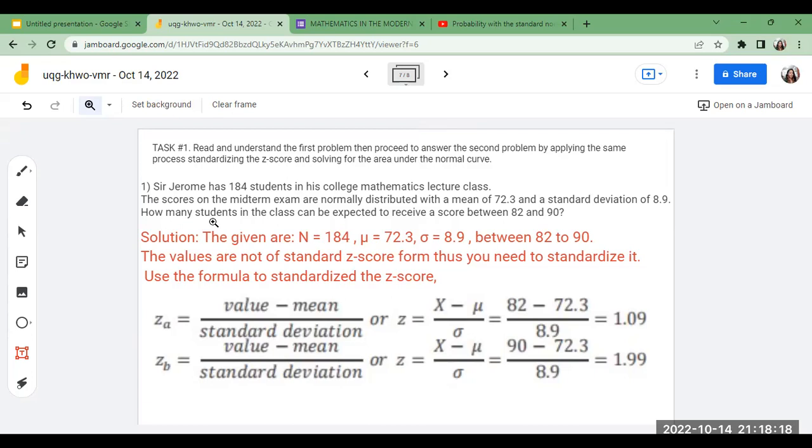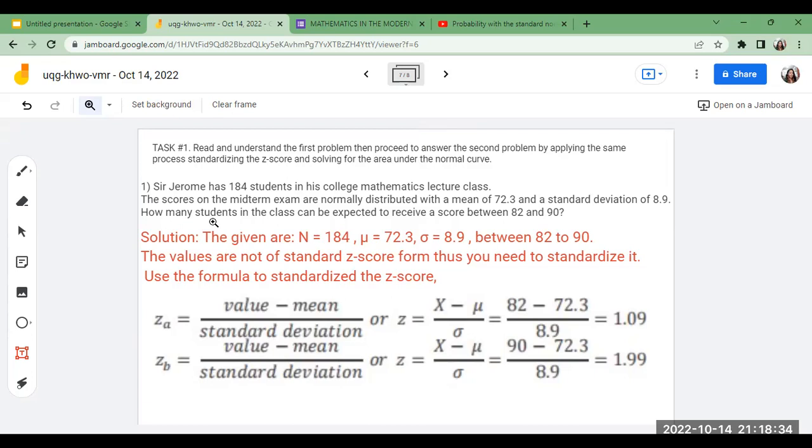For the first one, for the letter A, we have 82. So 82 minus the mean, 72.3, divided by 8.9, that is equal to 1.09.